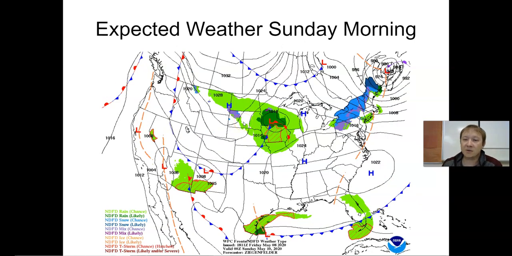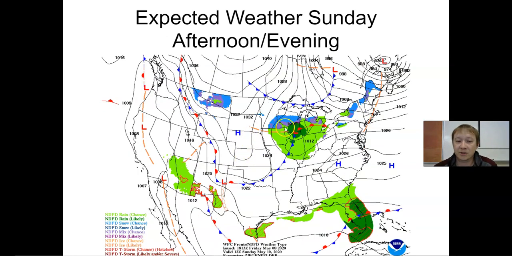Okay, into Sunday is when this low pressure system should move through our area. So you can see now the pressure is around 1,016, so it's still dropping a little bit. But we have that cold front coming through, as well as the warm front bending around. Because of that cold front coming through, we should see some precipitation Sunday morning.